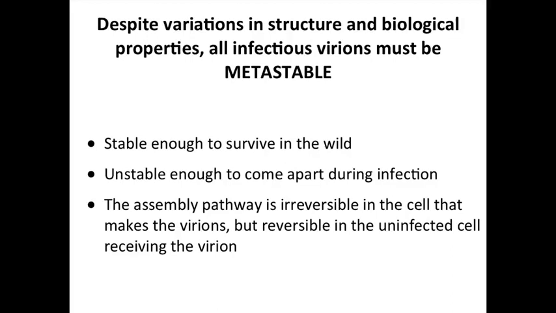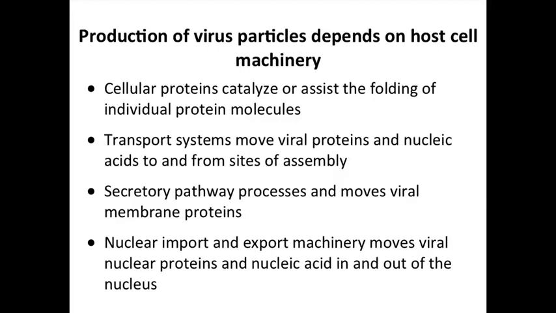That assembly pattern can be reversed. So this tells you right away that where the virus is assembling in the cell is very different from where it is when it enters a new cell. The conditions are different, such that in the assembly cell, assembly is irreversible for all intents and purposes, but reversible in the infecting cell. So just keep remembering that when we talk about this assembly pathway.